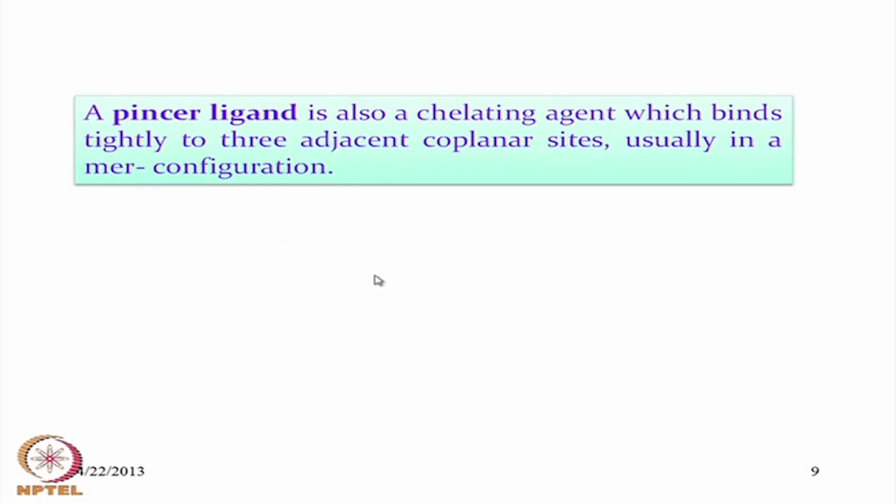So, another type of ligand is also well known, another class of chelating ligand, which is the pincer ligand, which binds tightly to three adjacent coplanar sites.